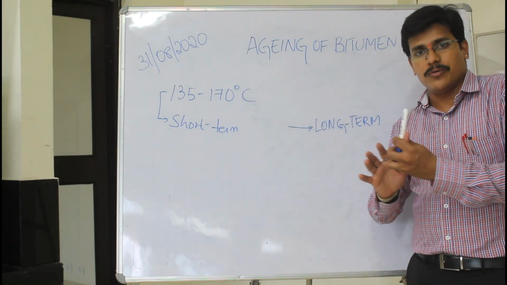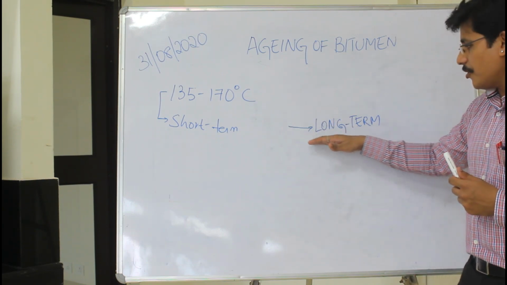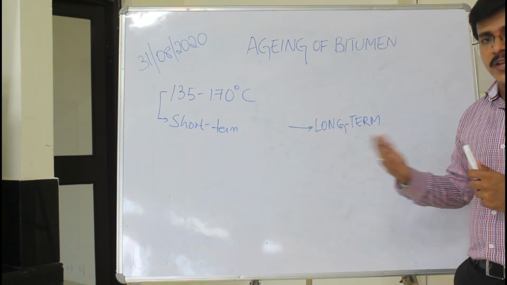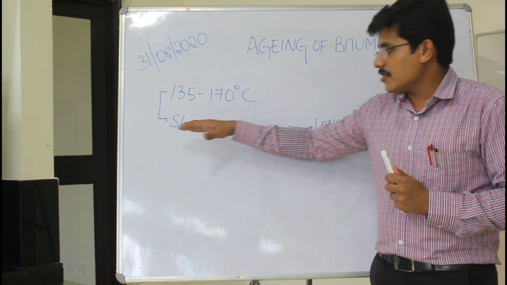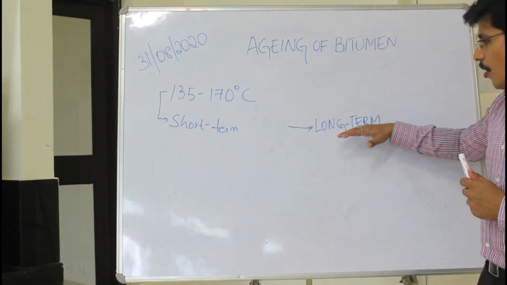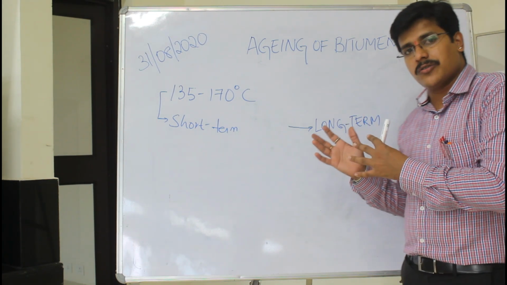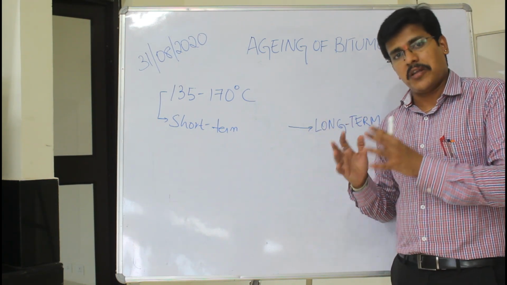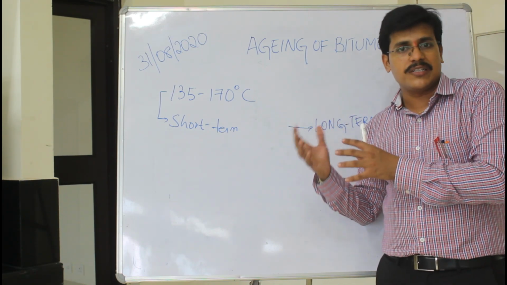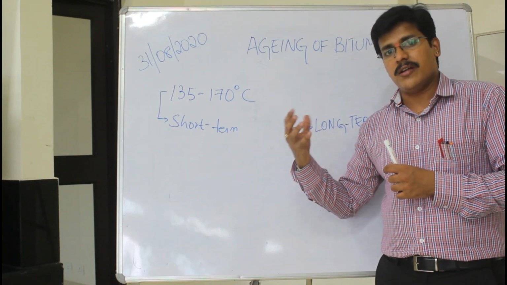When you compact it and allow it to serve as a pavement, it will be subject to different forces and slowly becomes harder and harder. This way, there can be short-term aging in the initial stages, and then while serving, long-term aging. Now, if bitumen has a tendency to undergo a lot of aging, then the properties of whatever binder we selected during the design process will change very drastically.